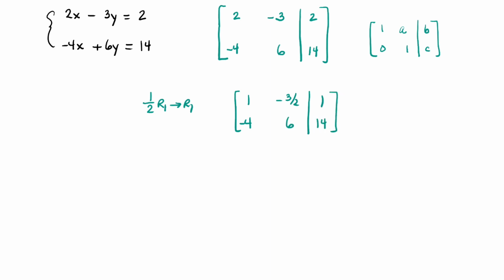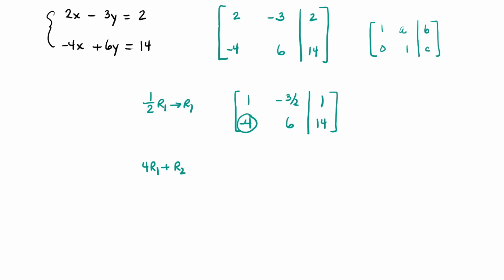Okay, great. So now we're ready to get the 0 here. So the way we do that is we take 4 times the first row and add it to the second row. It's kind of like what I like to call controlled elimination, where we're focused on getting the first variable eliminated in the second equation.